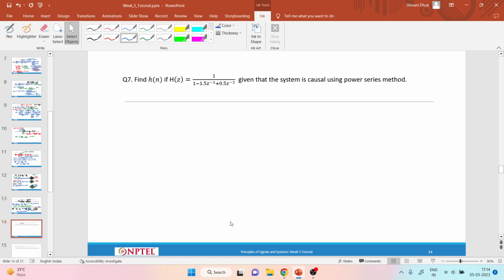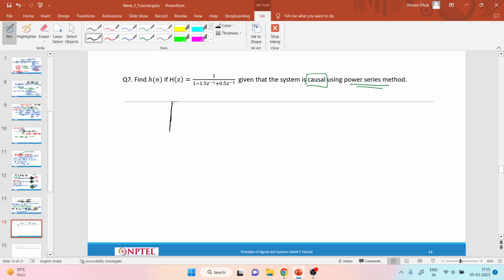If not, then let us try to find h of n using power series method, and again we have the condition that it is causal. In power series method, we divide this one by this denominator polynomial, something like this.